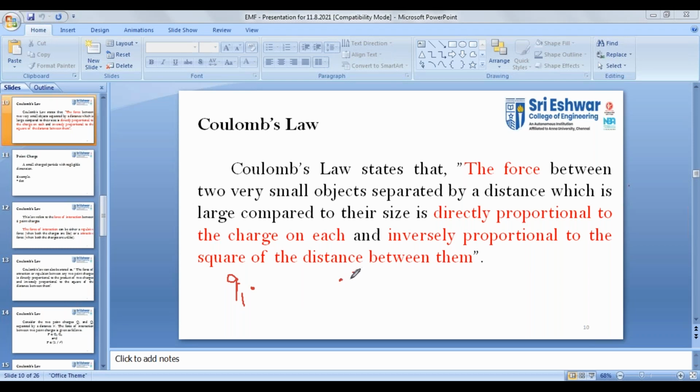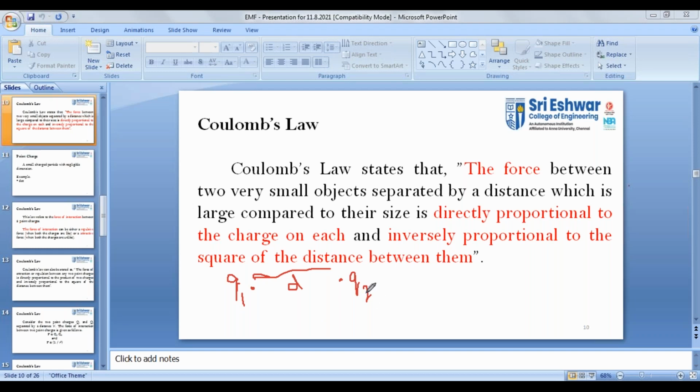If I have Q2 as another test charge somewhere here, assume these two are separated by a distance, let us take d or R, whatever you like. You can see the d value, the distance of separation, is much larger when compared with the dimension of the object.